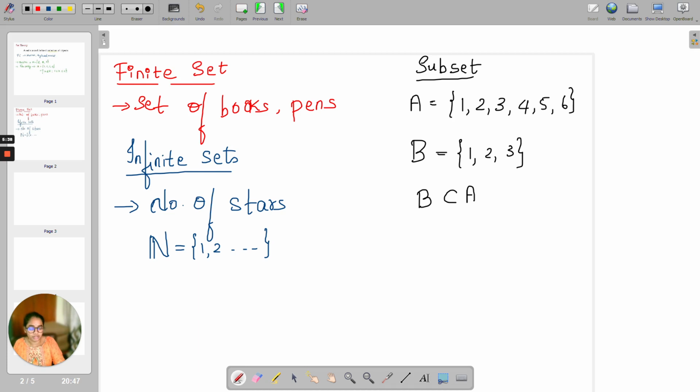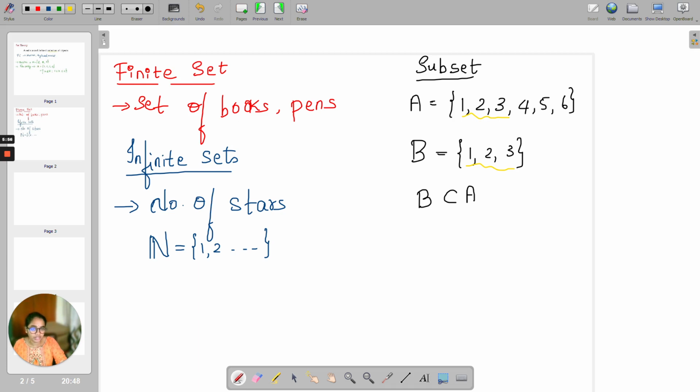What does this mean? What can you observe over here from B and A? You see, B has elements such as 1, 2, and 3. Are these 1, 2, and 3 present in the set A? Yes.